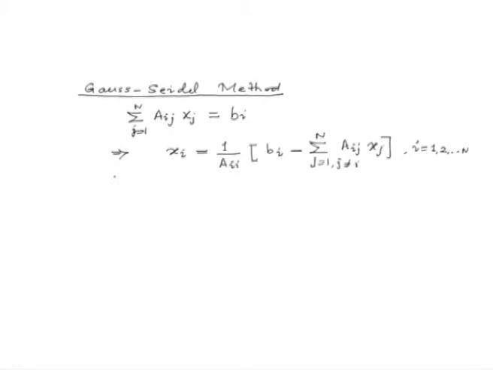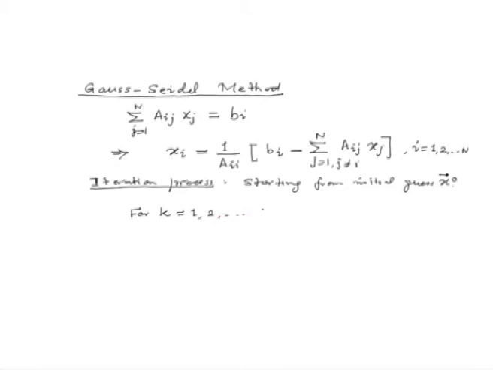So our iteration process: starting from initial guess x of 0, for k is equal to 1, 2 and so on, iterate till convergence.